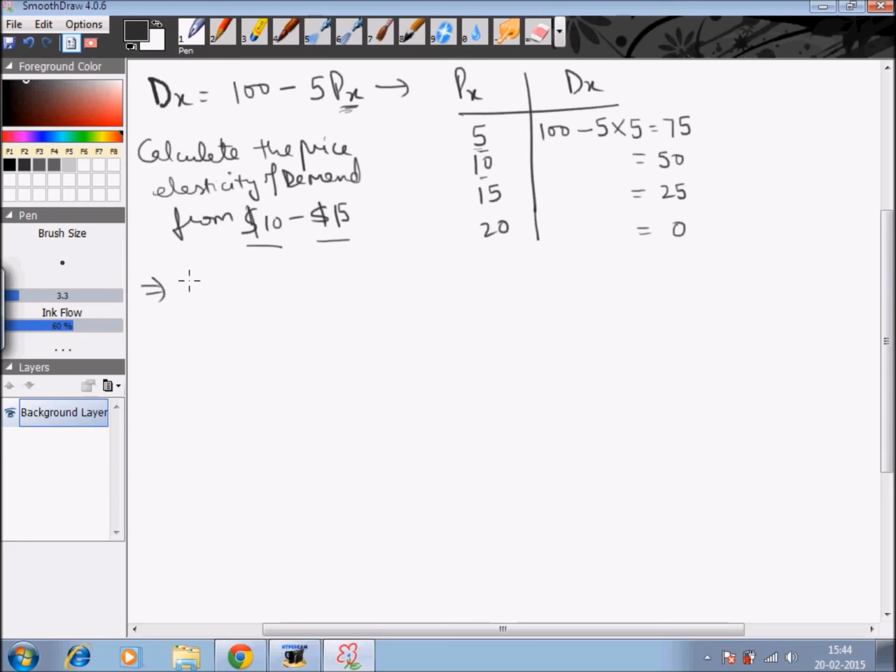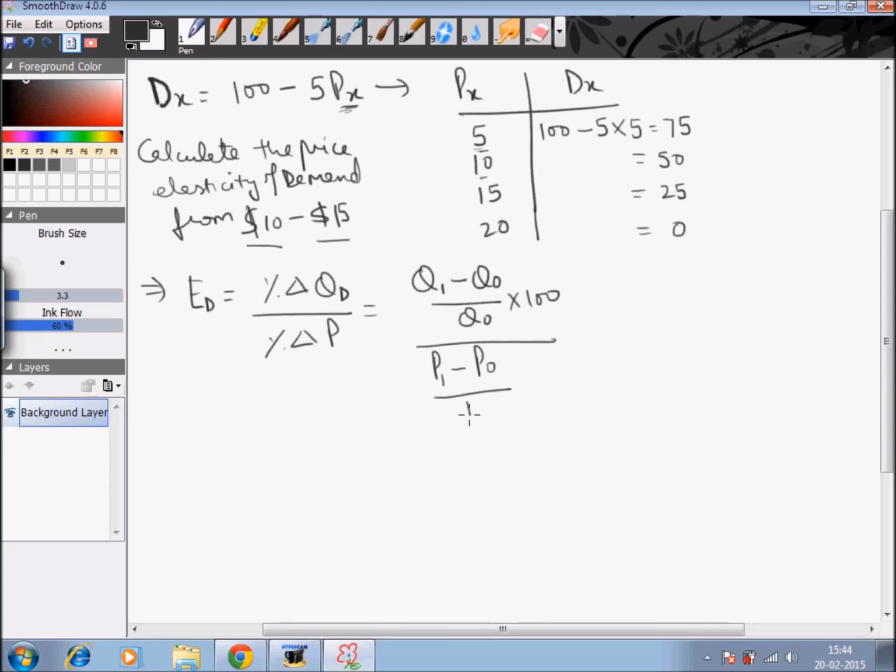the price elasticity of demand is equal to the percentage change in quantity demanded divided by the percentage change in price of the commodity. So if we have to solve it out, it's like this: (Q1 - Q0) / Q0 × 100 divided by (P1 - P0) / P0 × 100.